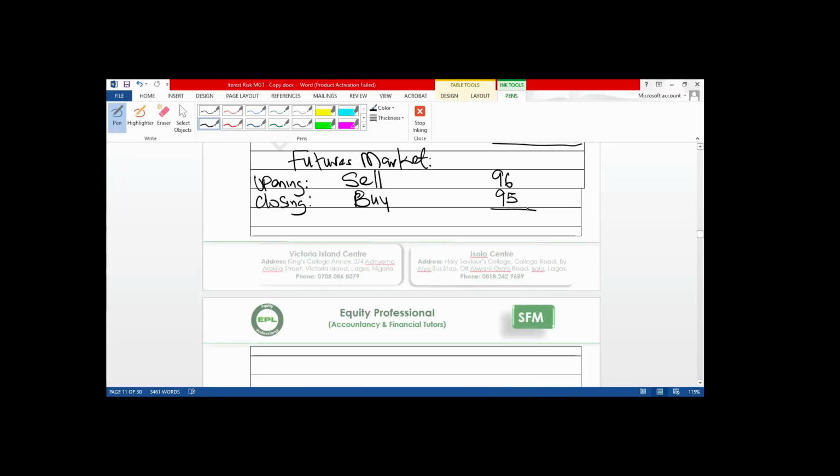The difference, look at it. You are selling future for 96. You are buying back for 95. That means you have made a gain. Gain on futures. The difference is 1%.